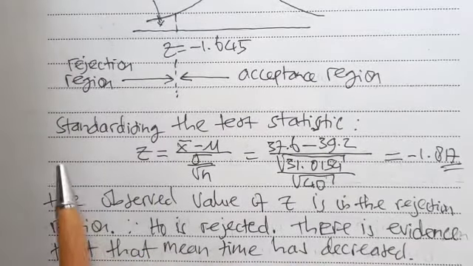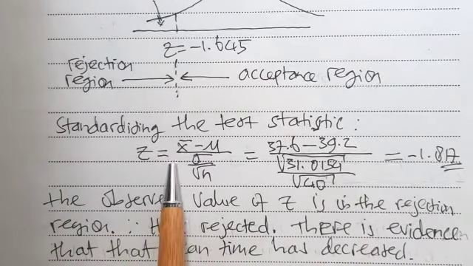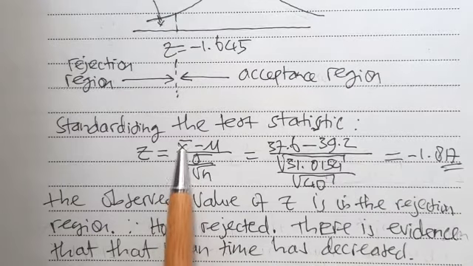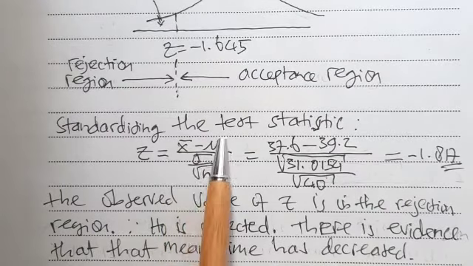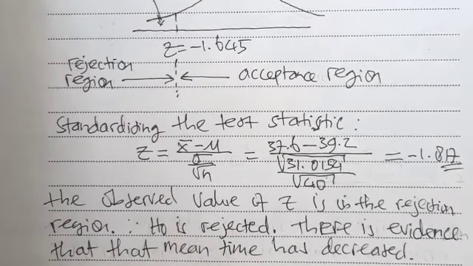Now we standardize the test statistic. z equals the sample mean minus mu, per standard deviation per square root of n.